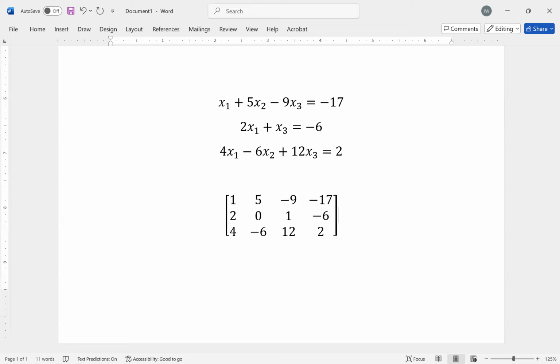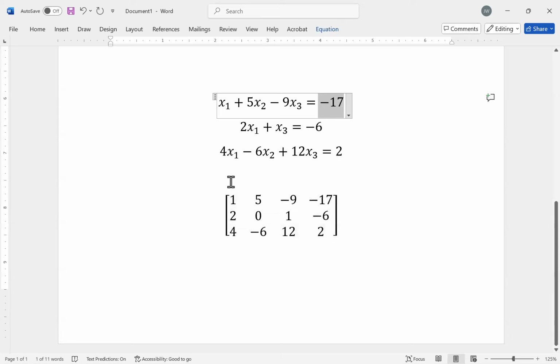By the way, if the equations we're given don't have all of the variable terms on the left and the constant term on the right, then simply move things around until we get that look. We want all of our variable terms on the left, all of our constant terms on the right, and then I can put it into an augmented matrix.